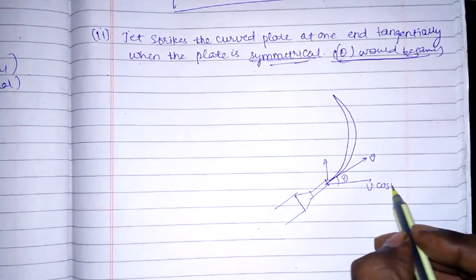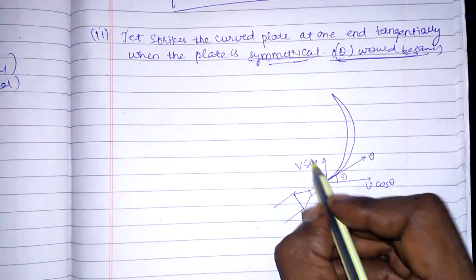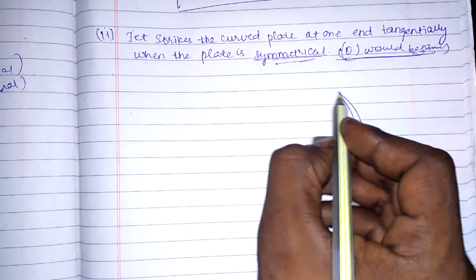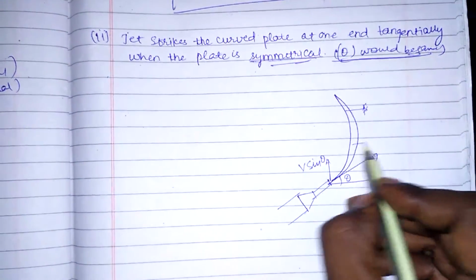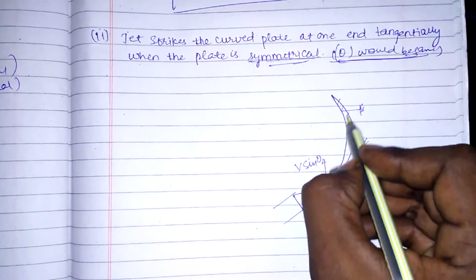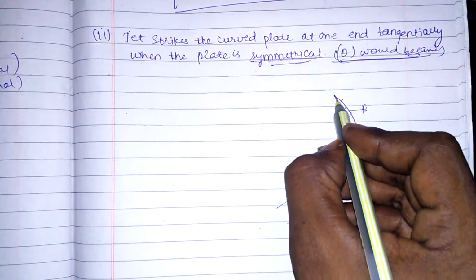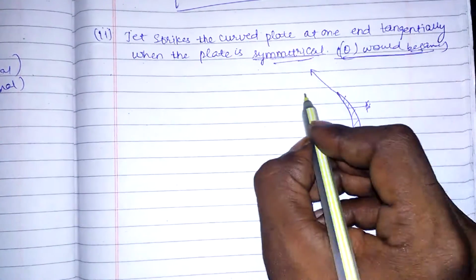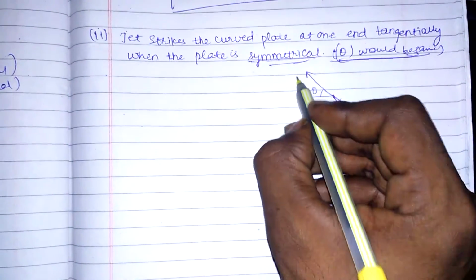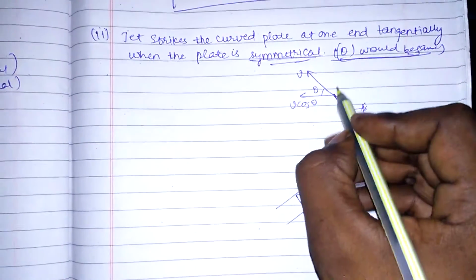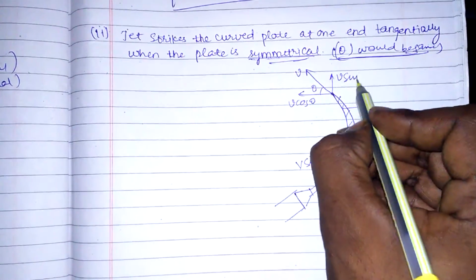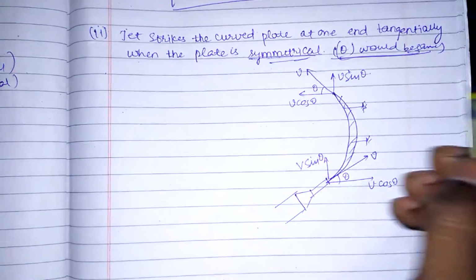So we know the components are v cos theta and v sin theta, and as it is leaving at the same angle, it will be leaving with velocity v at the same angle theta. So it would be v cos theta in the negative direction, and v sin theta in the positive direction.